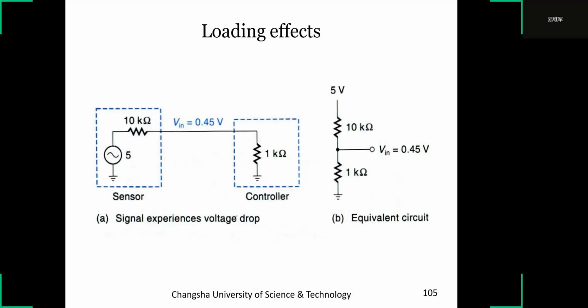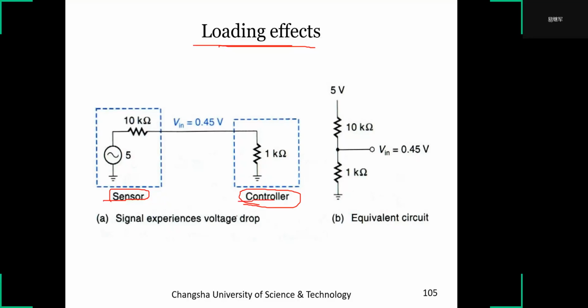This is an example of using the voltage follower, for example, the loading effect. This is a sensor and this is a controller. We get the signal from the sensor and send it to the controller.